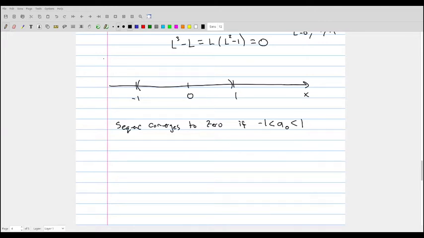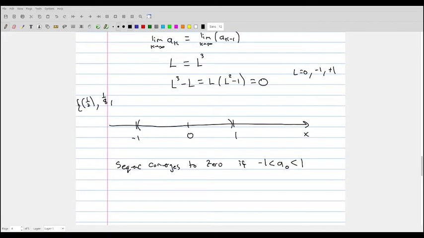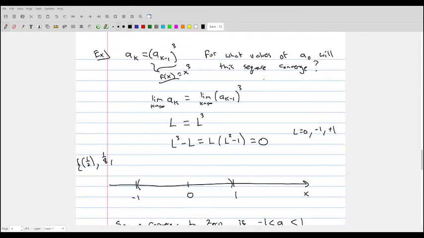If you think about it, you take 1/2 as your a_0, and 1/2 cubed is going to be 1/8. Remember, we calculated this by taking the cube of the previous value.